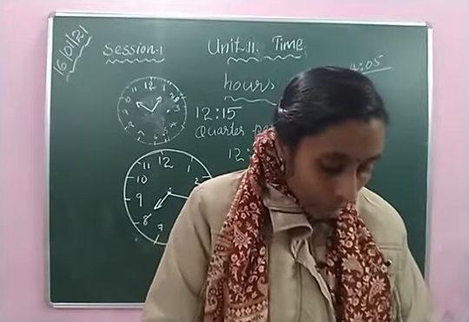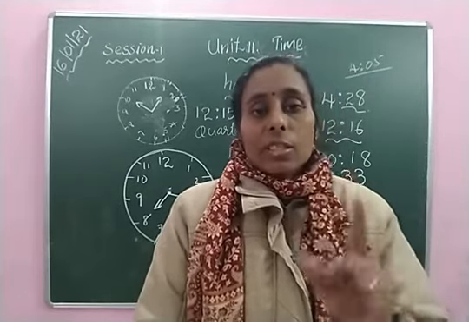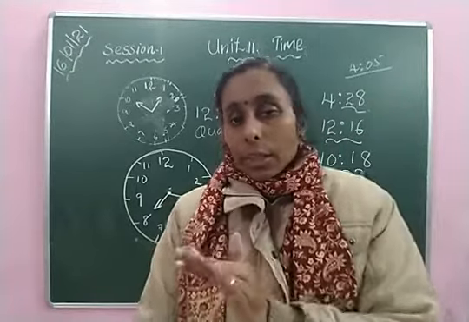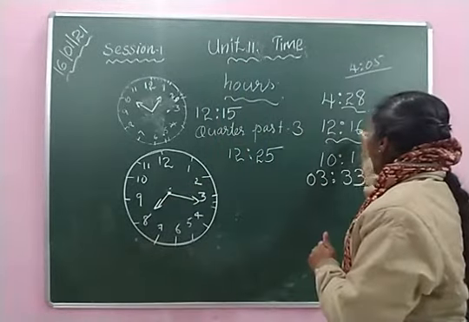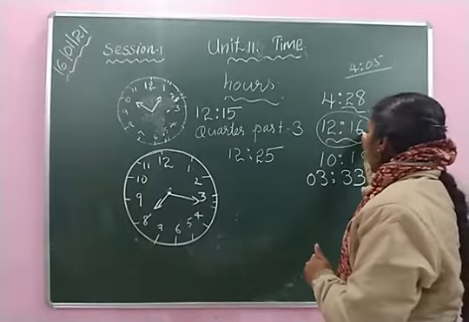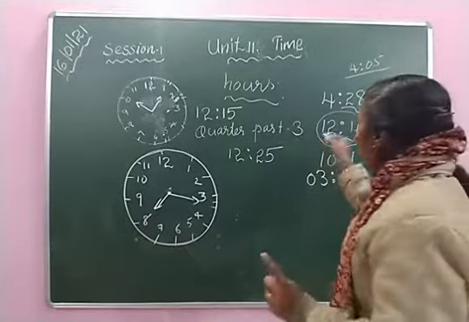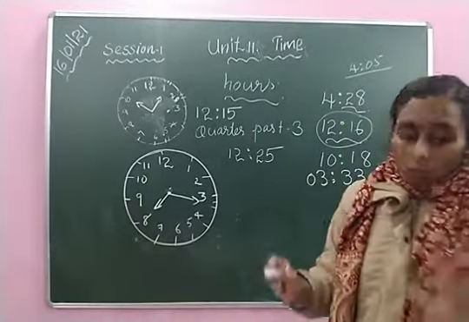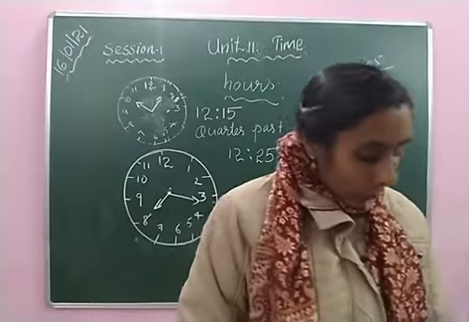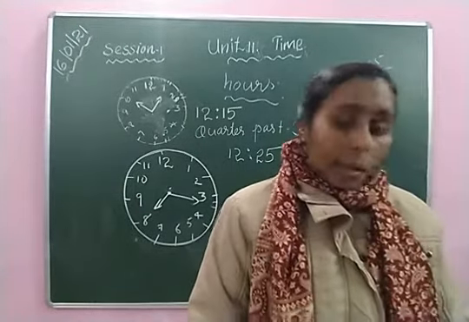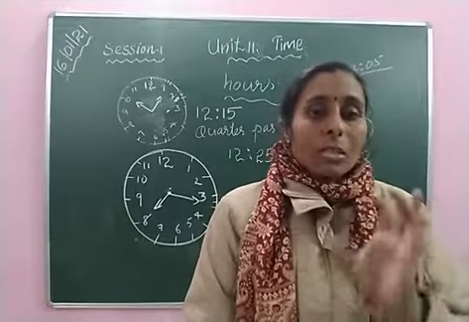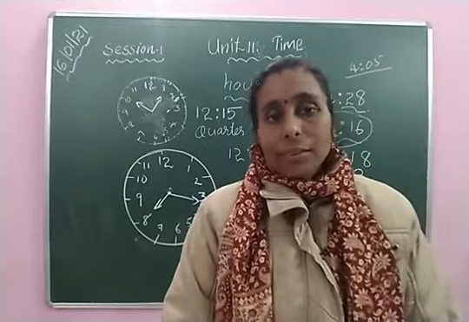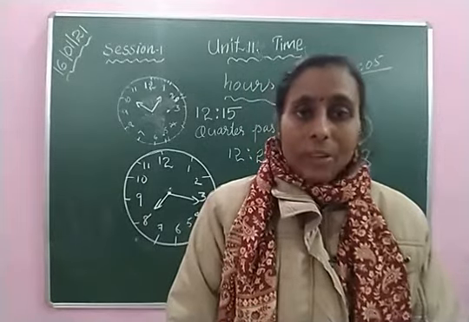Whenever we write time, it needs 4 digits: 2 digits for hours and 2 for minutes. If it is a single digit number, we place 0 before it, and separate them with a colon. We also learned how to show hands in a clock. The rest we can learn next class. Thank you. Have a nice day.